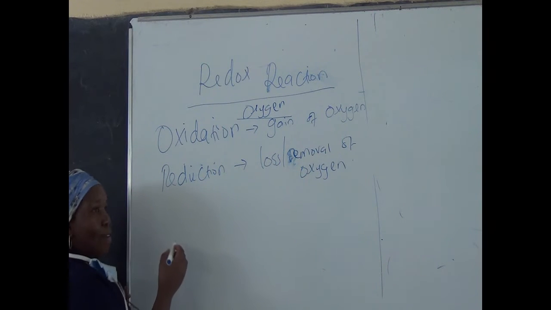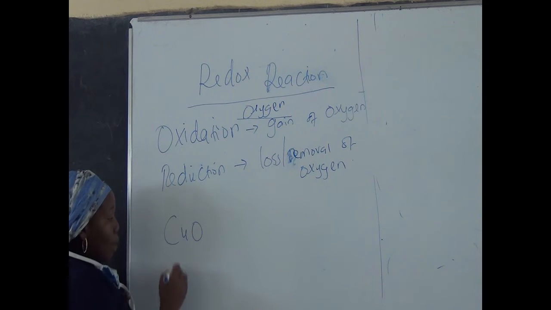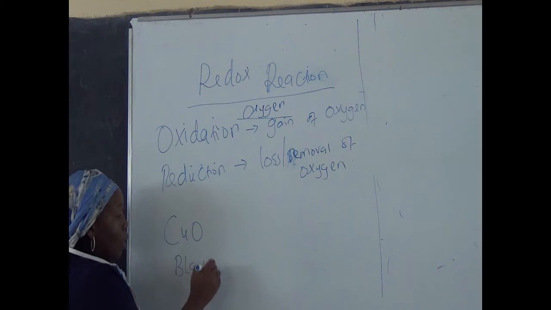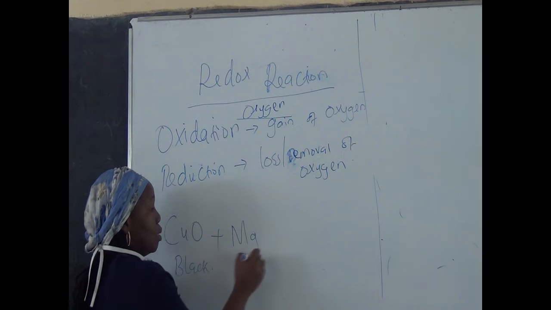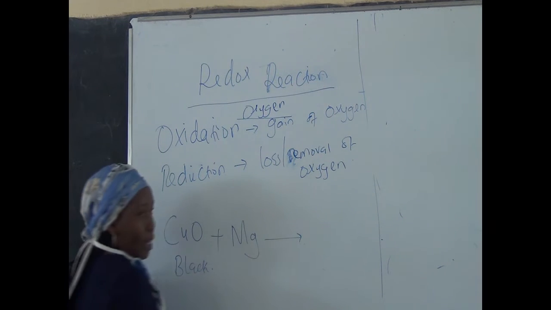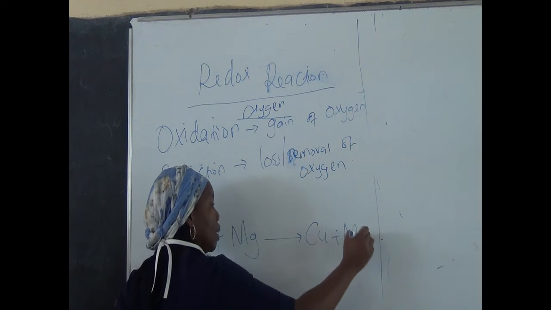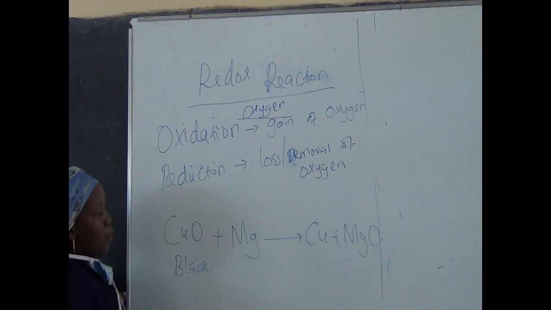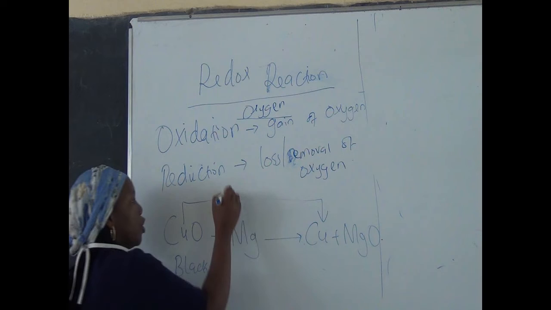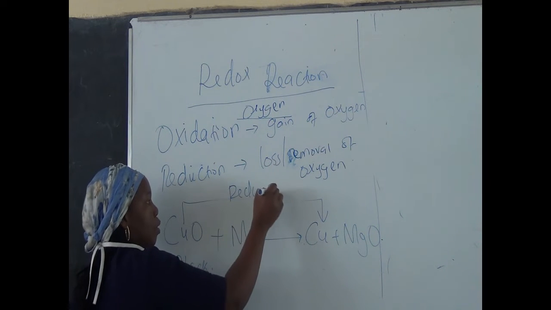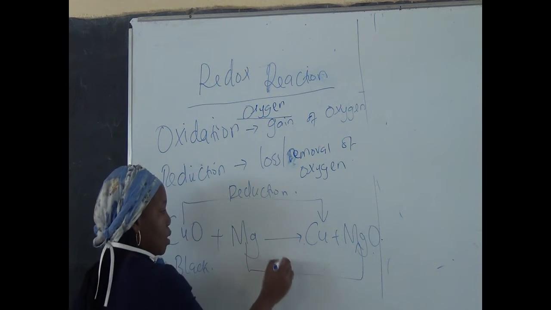We can have a reaction where copper oxide, which is a black substance, is reacted with an element like magnesium. At the end of the reaction, you'll have copper and magnesium oxide. In this case, copper will have undergone reduction, whereas magnesium will have undergone oxidation.